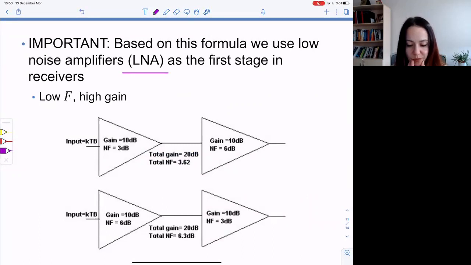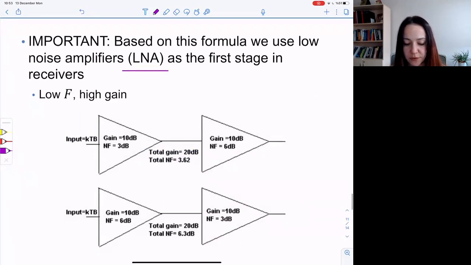For example, when you have these two cascades, consider two amplifiers with gain 10 dB each, but one has noise figure 3 dB, the other has noise figure 6 dB. Okay, the total gain, whether you place one first or the other, is going to be 20 dB.